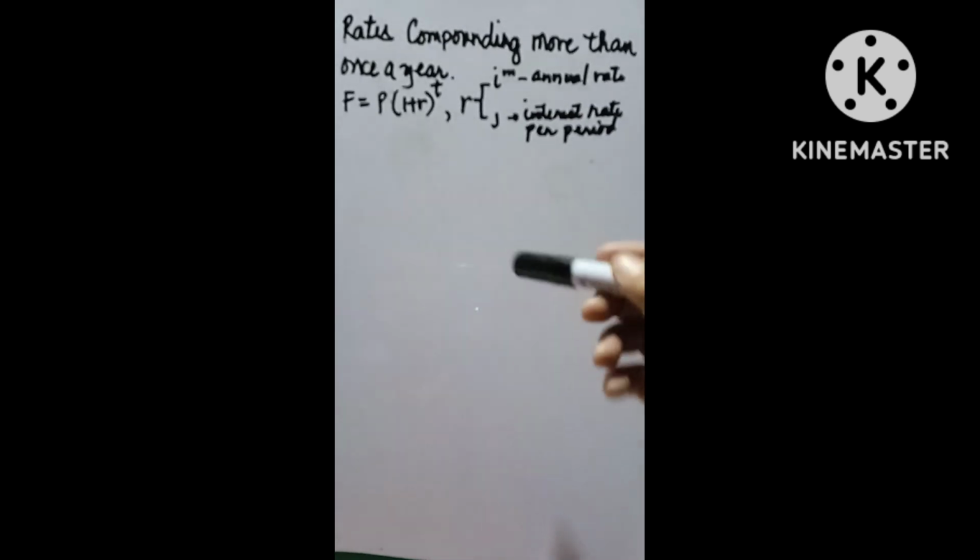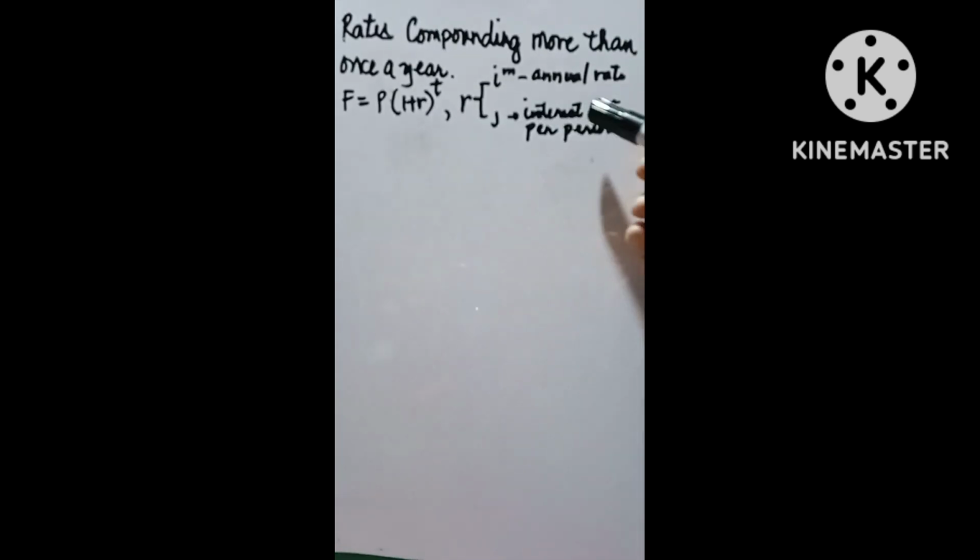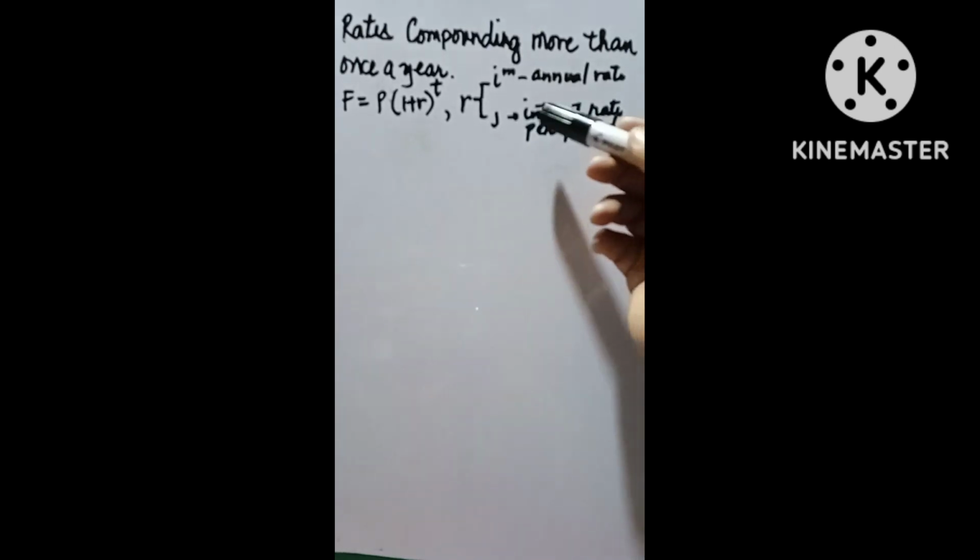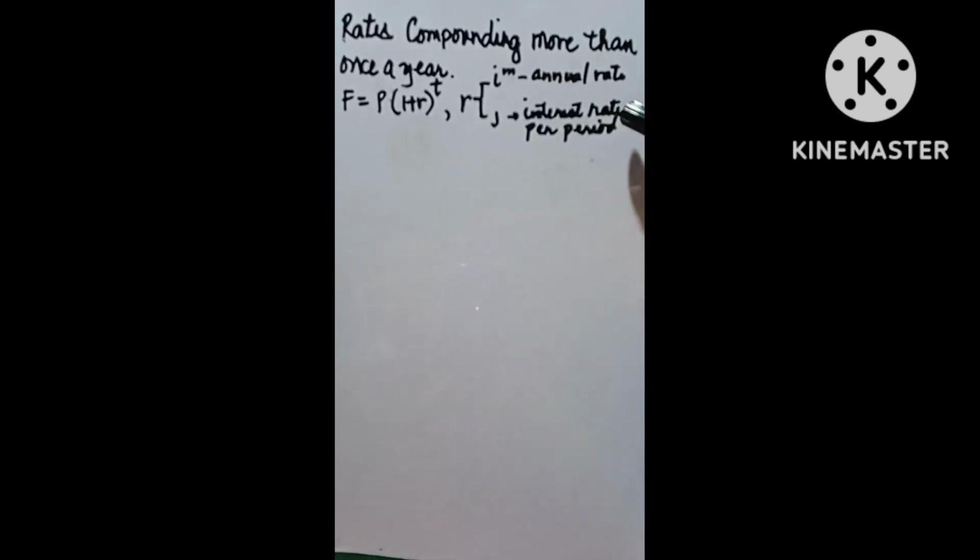So, in every 6 months, there is a J or interest rate per period.